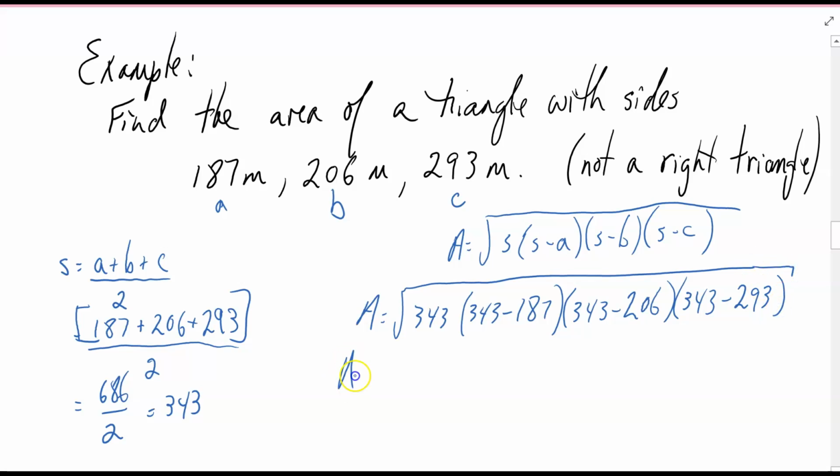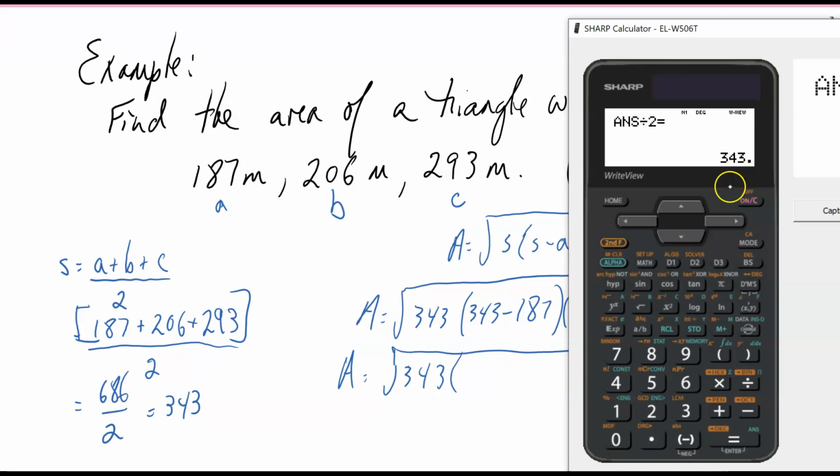Under the square root sign, 343 multiplied by, well, 343 minus 187 is 156.